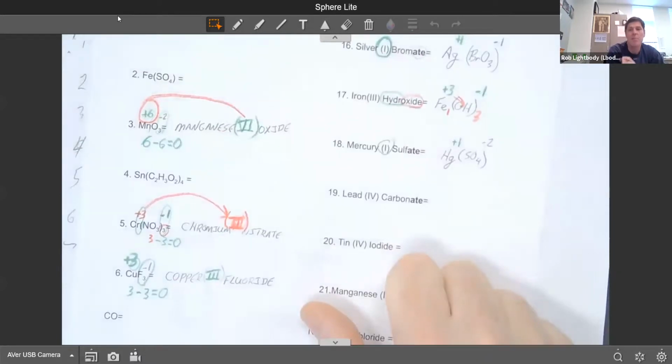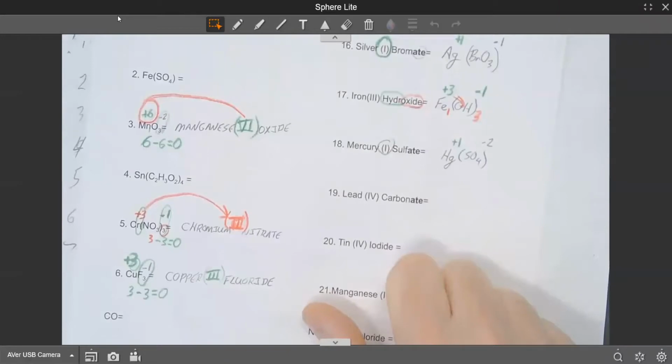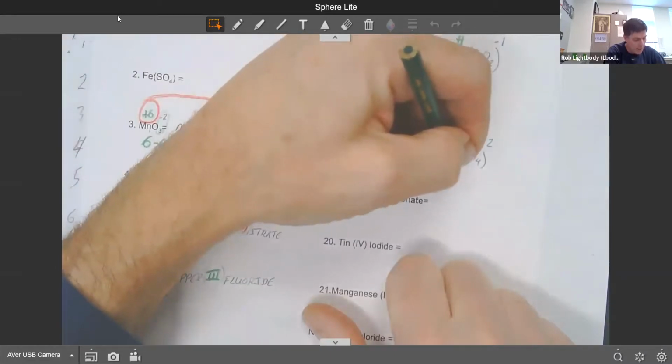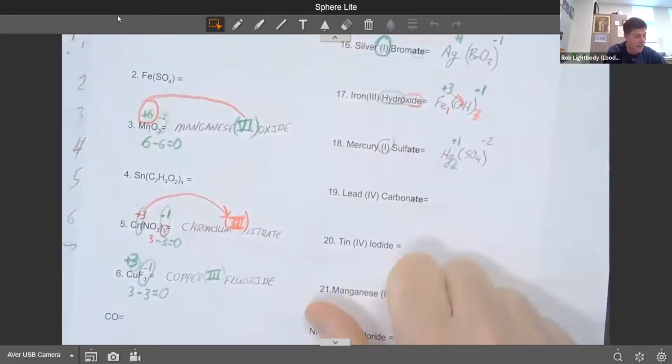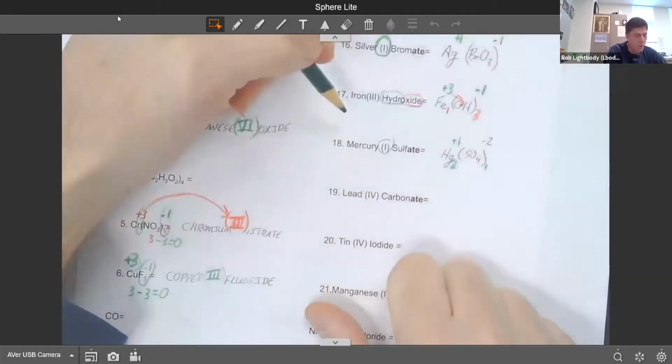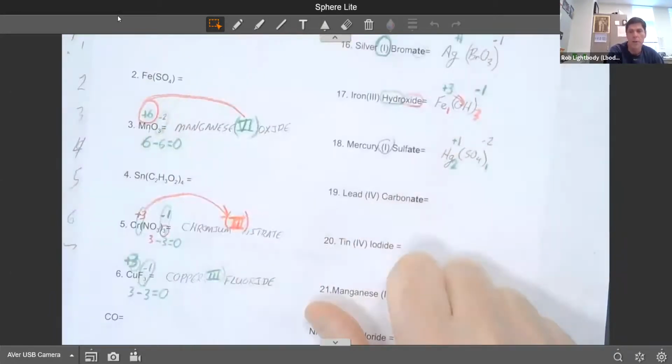Does it add up to 0? No. Electrons lost must equal electrons gained. Easiest way to do it, cross down. You're going to see in a second, there's a caution to that. 2 times 1 is 2. 1 times 2 is 2. Good to go.